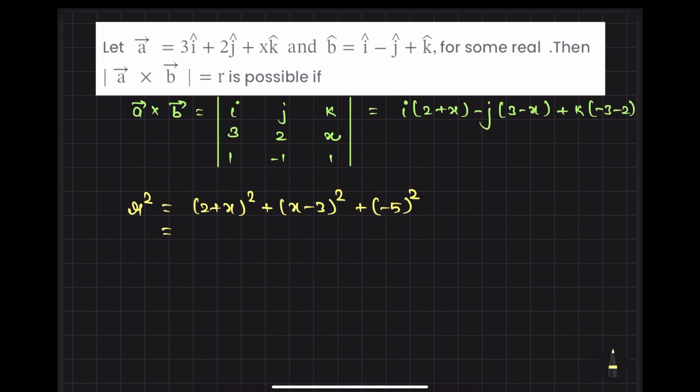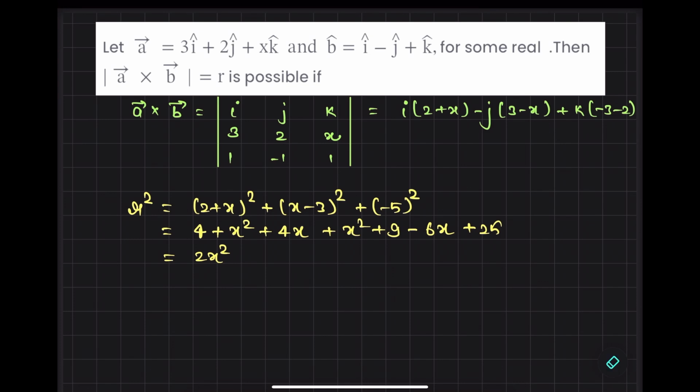Now r square. Now simplify things. We got 4 plus 4x plus x square, plus 9 minus 6x plus x square, plus 25. Correct? Now I will club x square and x square, so we got 2x square.